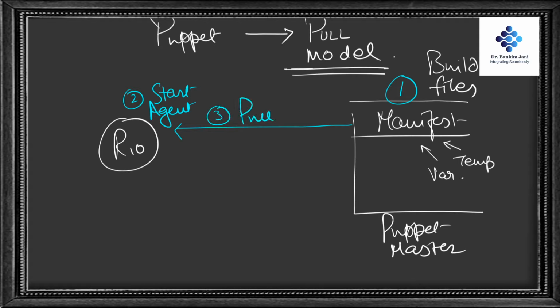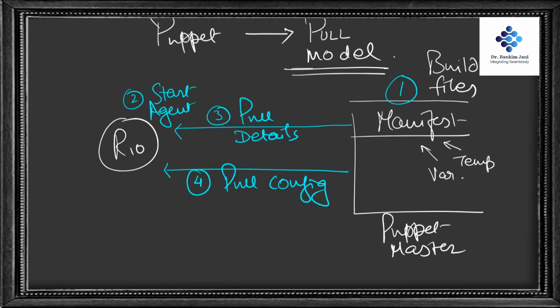So this is the meaning, pull details. It will pull the details, and once the details arrive, they would be configured. So that's the fourth step.